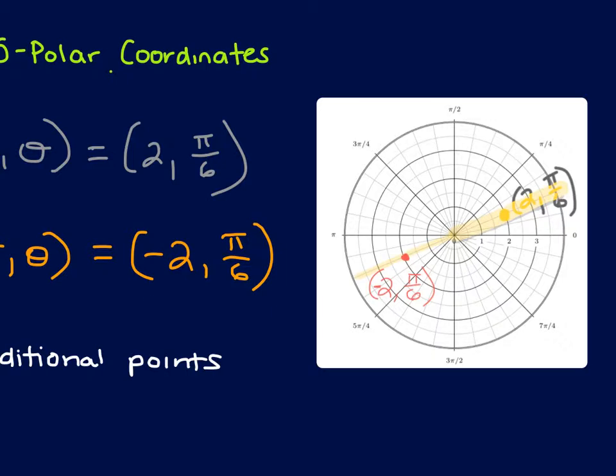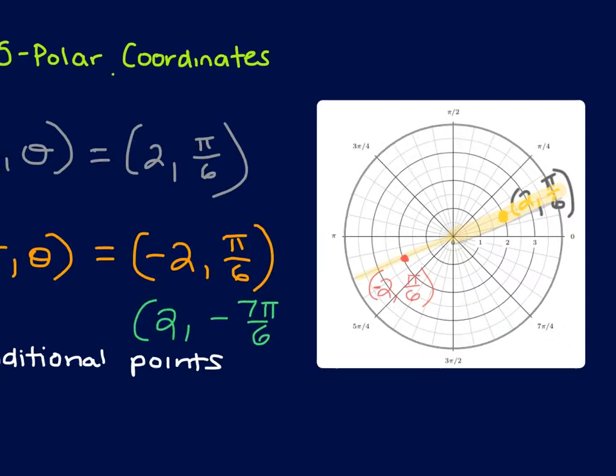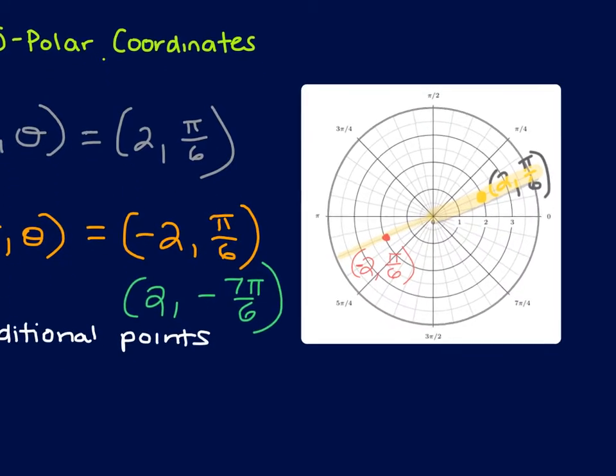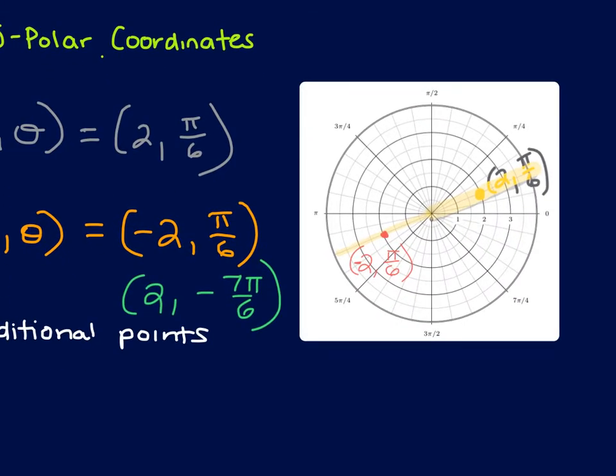And then let's say you had something like 2, negative 7 pi over 6. So if the angle is negative, I would move the other way, right? I'm going clockwise. So 7 pi over 6 is just big. It'd be 1 and 1/6 pi. So I'd go past my 1 pi to the first pi over 6, which is here.